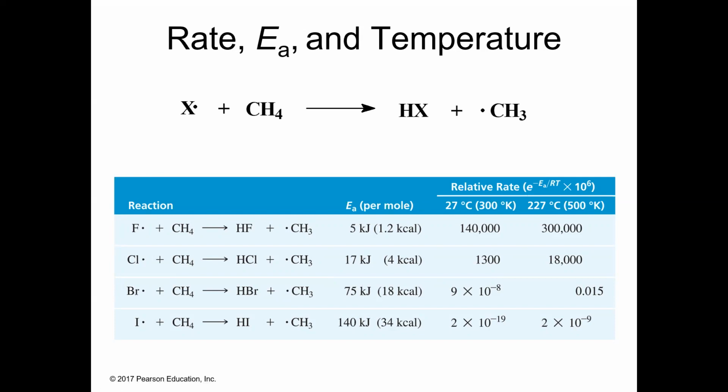Okay, going down the column, if we look at bromine, bromine is a lot slower at room temperature. In fact, you hardly see it react at all at room temperature. At 227 Celsius, there is a noticeable reaction, so it is practical to do it at a higher temperature. Iodine is just too slow.